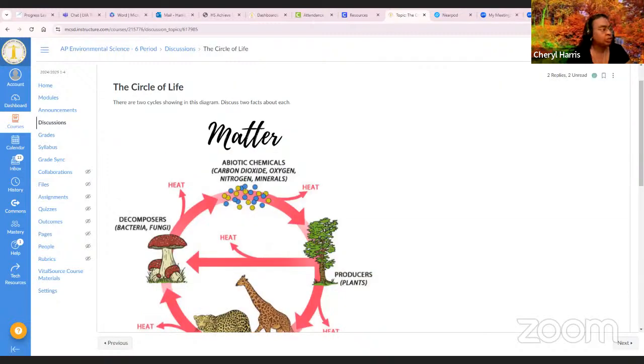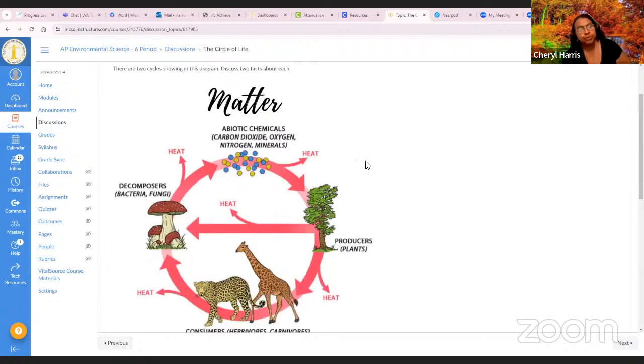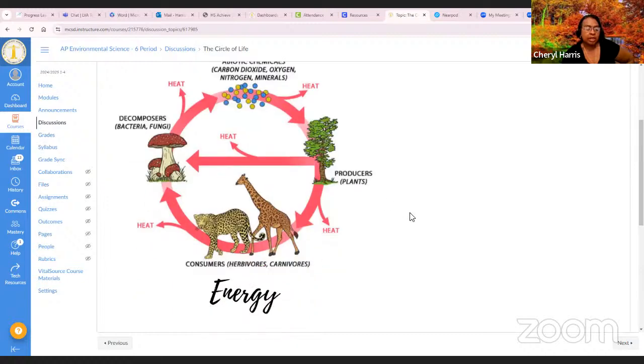Right now, it's a discussion question. It's got two parts to it. It's really one circle, but they're dividing it in two. The line through the middle divides it into a matter cycle and an energy cycle.